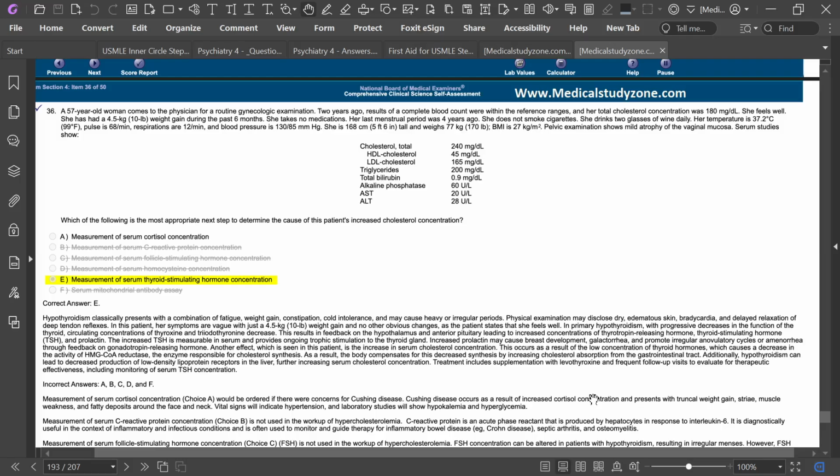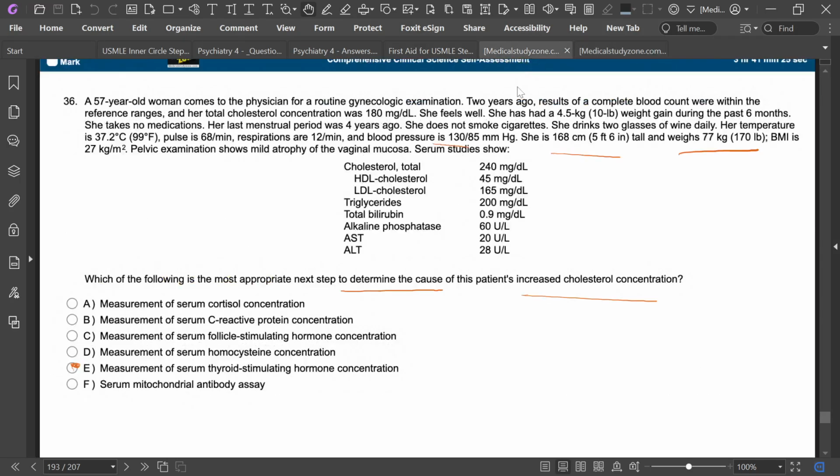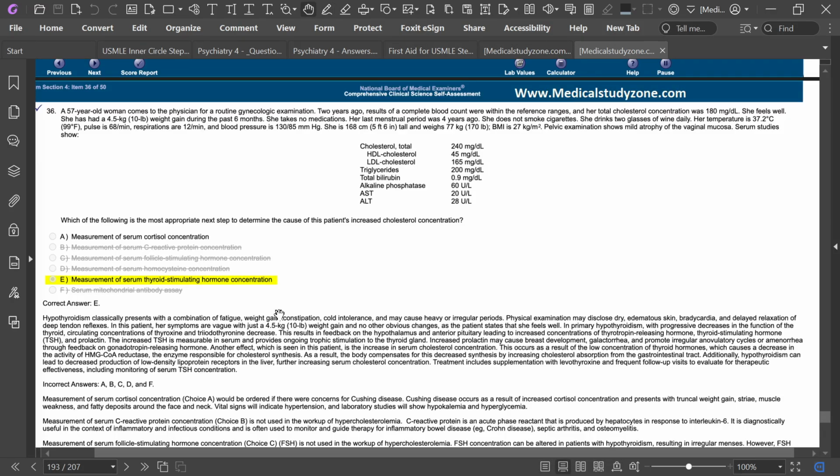And then triglycerides are high, and then total bilirubin I believe is normal, and then alkaline phosphatase I think is normal too, and AST and ALT I believe they are normal too. Which of the following is the most appropriate next step to determine the cause of this patient's increased cholesterol concentration? So we know that hypothyroidism can cause hypercholesterolemia. So we need to measure the serum TSH.